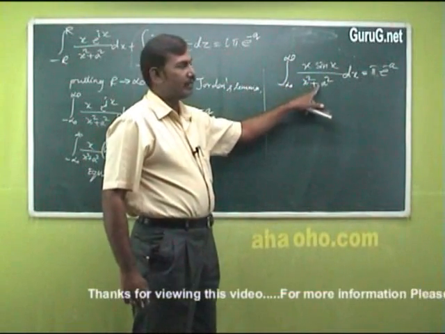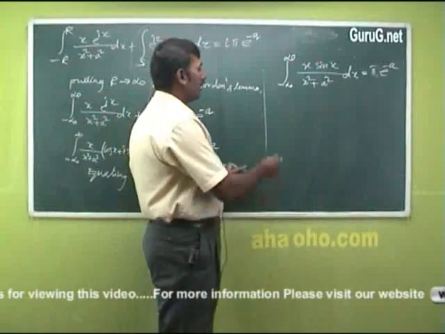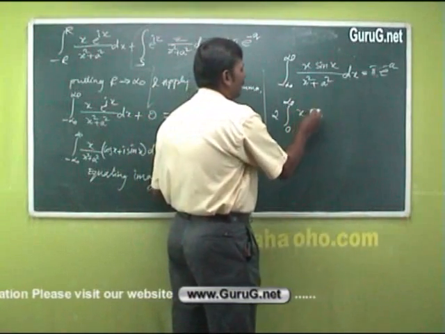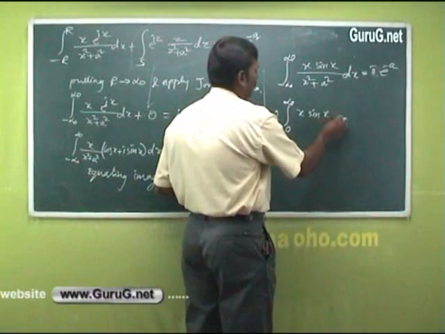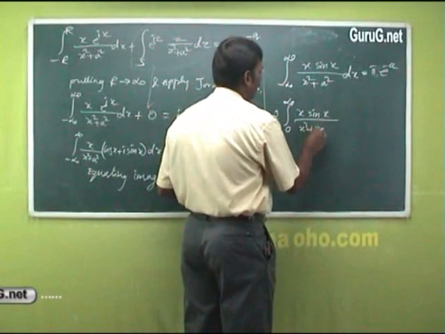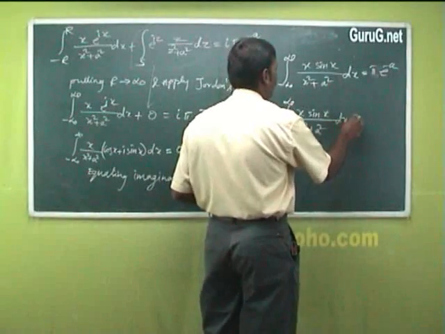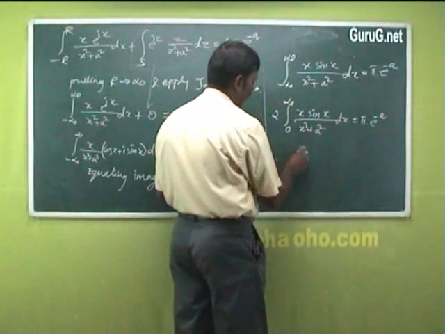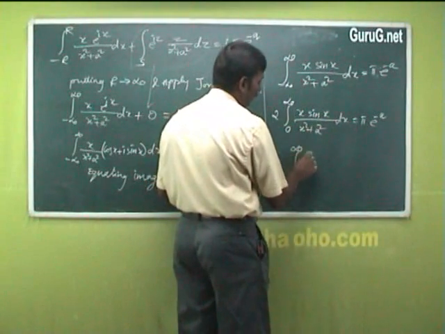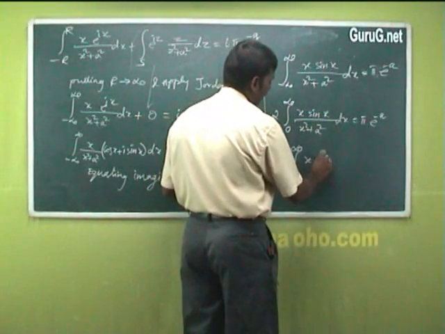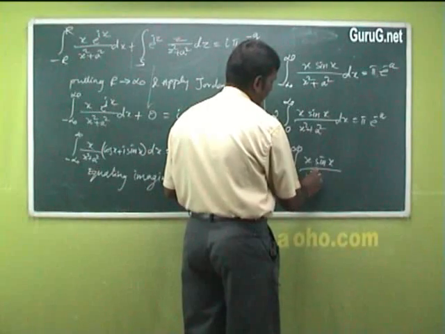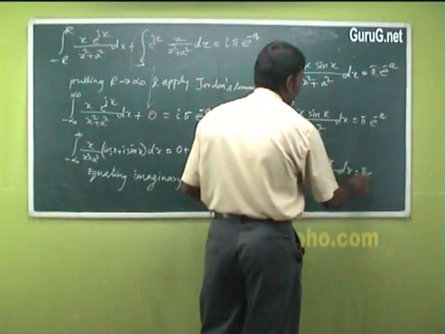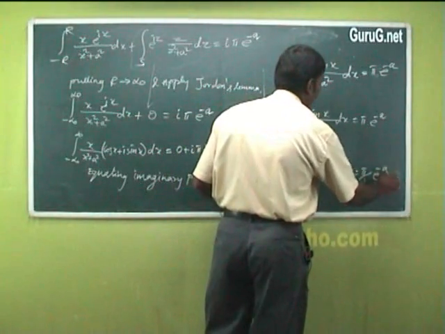So even by even, even. So it is an even function. So we can write this as 2 times the integral from 0 to infinity of x sin x by x square plus a square dx equal to pi into e power minus a. So therefore, integral 0 to infinity x sin x by x square plus a square dx equal to pi by 2 into e power minus a.